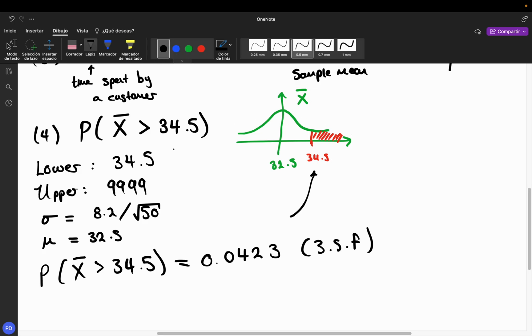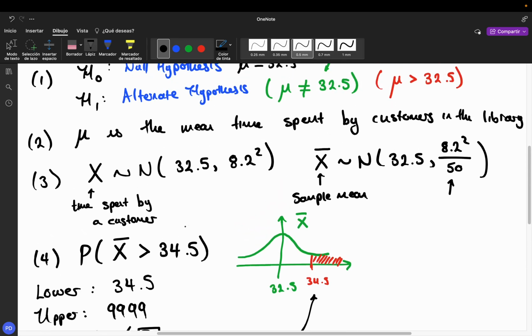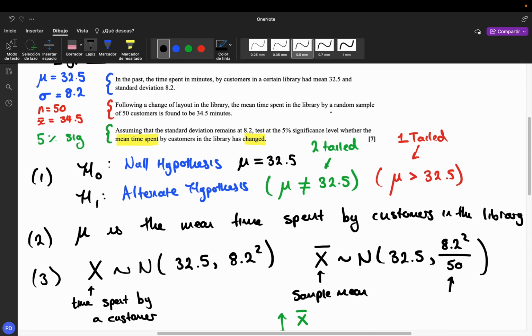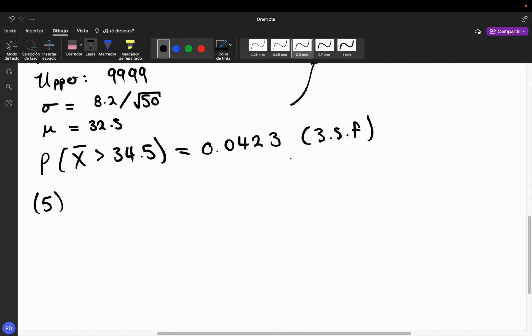Okay. Now, we're nearly there. Now, this is where the one-tailed or two-tailed comes in. Because it's a two-tailed test, right? We're going to compare this number not to our 5%.